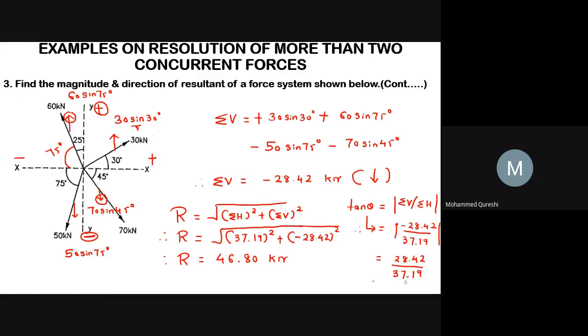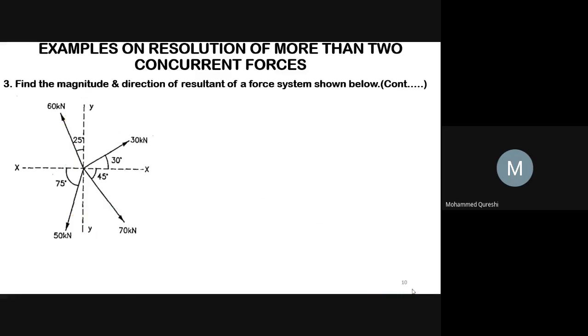So your tan theta will be equals to 0.764. So our theta will be tan inverse of 0.764. Therefore theta equals to 37.38 degree.